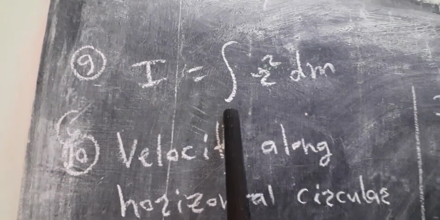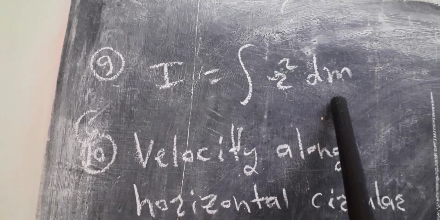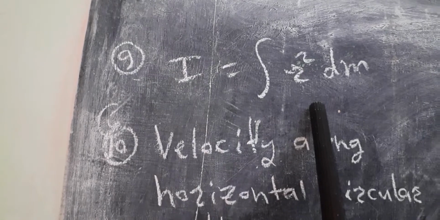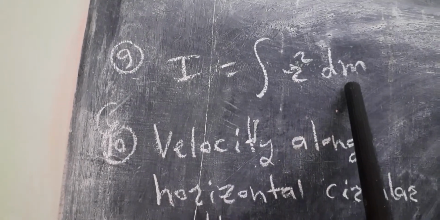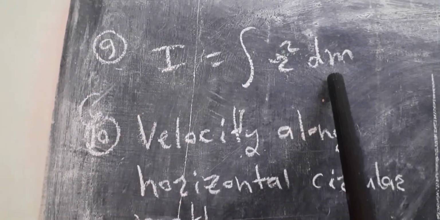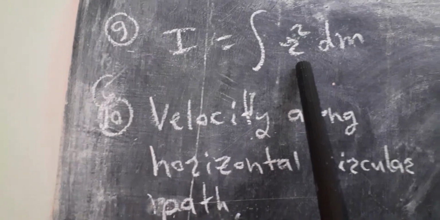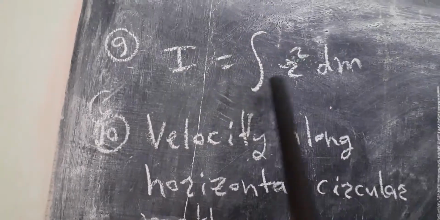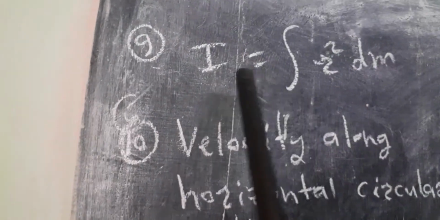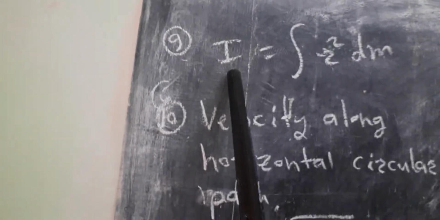The meaning of summation and integration is just addition. R square dm. So you have to imagine that the body consists of identical elements of mass dm, which are placed at the same distance from the axis of rotation, namely r. So by adding all these particles using integration, what we get is the moment of inertia. We should know this formula.